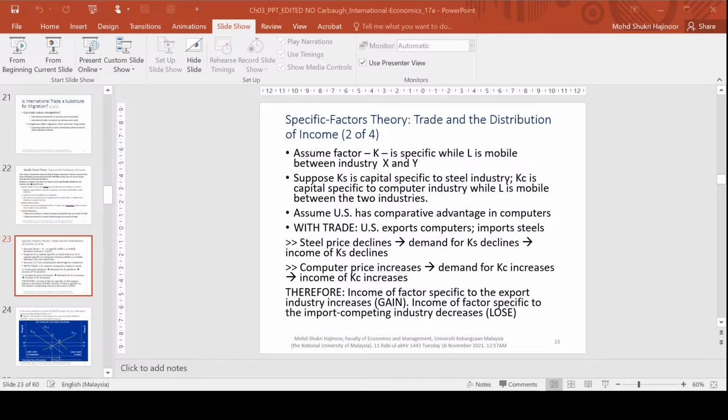So here we're plotting the amount of labor force.